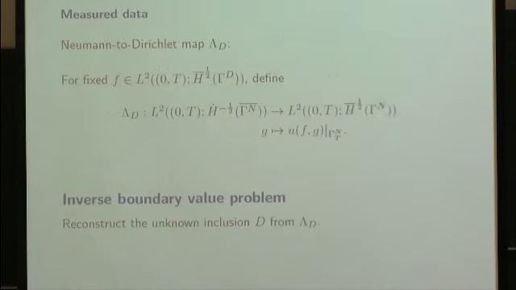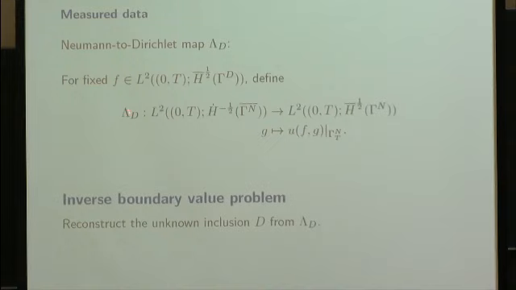So based on this well-posedness of our forward problem, we define the Neumann to Dirichlet map Lambda_D, which we will take as our measured data. This map is defined as follows. First, we fix the f.